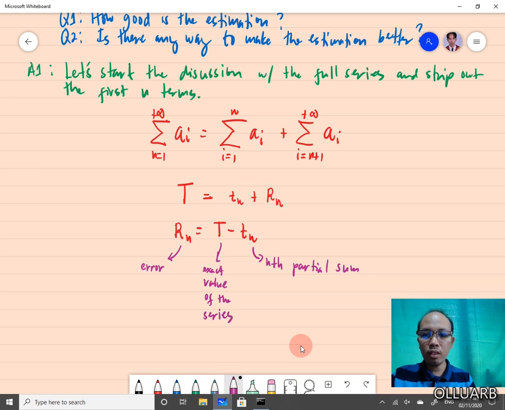The tests that we are going to use to estimate the remainder in this discussion are the integral test, the comparison test, the alternating series test, and probably later the ratio test or the root test.